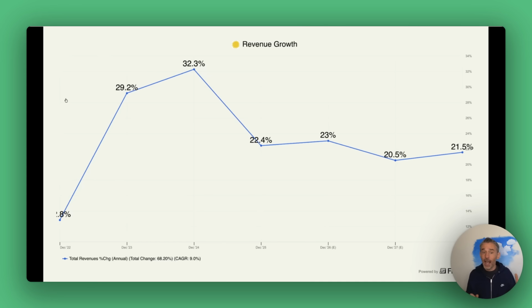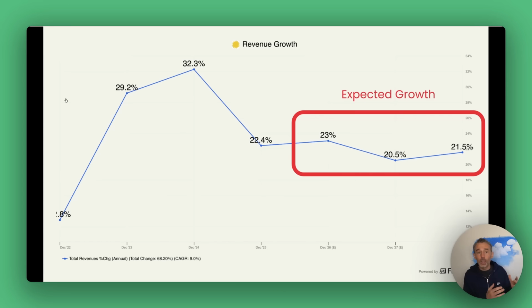Now, that is a high bar, especially when we look at the fact, using the data from fiscal.ai, that they are only expected to get 23% growth this current year, 2026, and then it's actually expected to be below that in the following years. So you might be saying, Brian, why in the world would you consider this to be a great deal? But here's the rub.